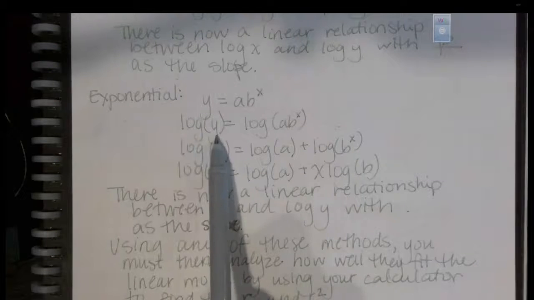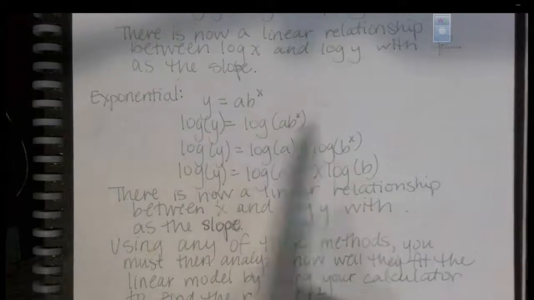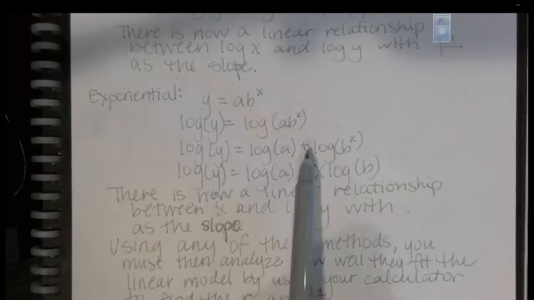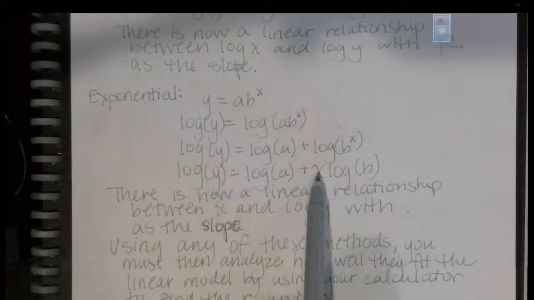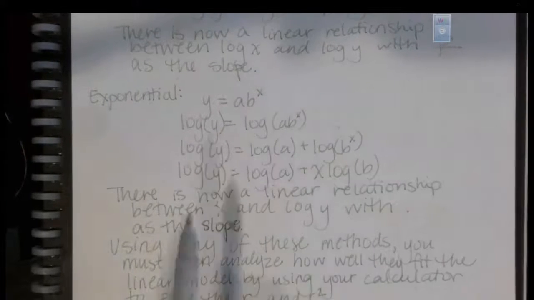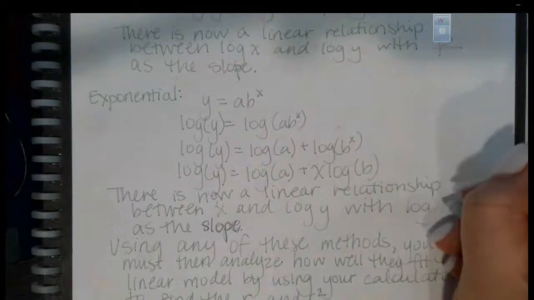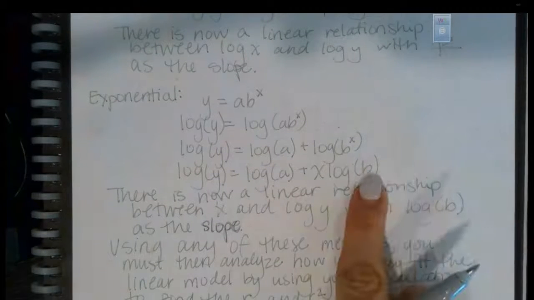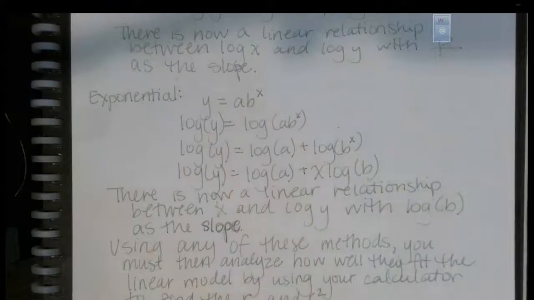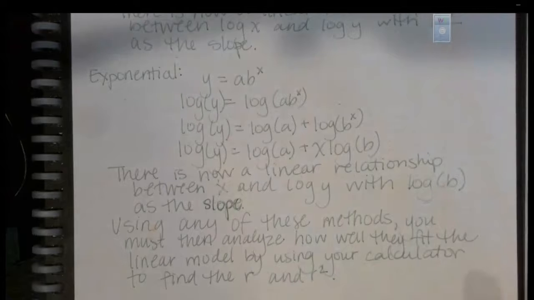So you have log of y equals log of a b to the x, and then it's the same process of changing the multiplication to addition and the power to multiplication. So there is now a linear relationship between x and the log of y, and log of b is now our slope.